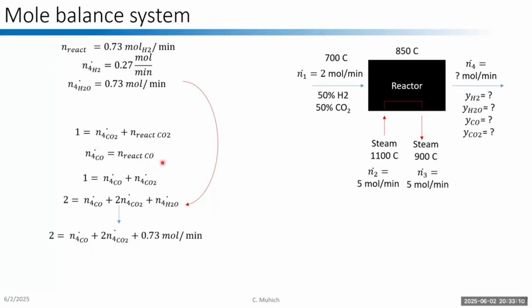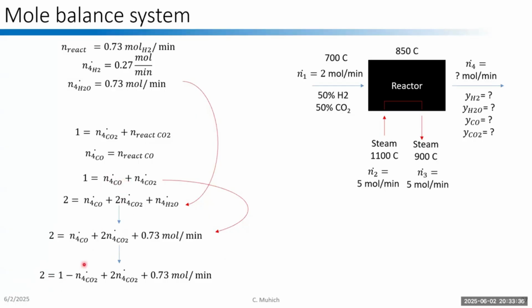Looking through the equations that I haven't used yet, I have this equation right here, 1 equals N4CO plus N4CO2. Hey, these unknowns are the same as the unknowns here. 2 equations, 2 unknowns. I can substitute this top equation into this bottom equation to get one equation with one unknown.